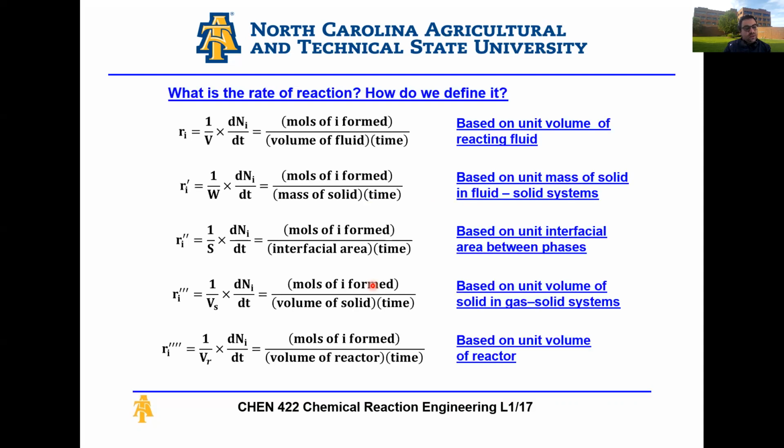Again, we started off by talking about the rate of reaction, how to define the rate of reaction, whether it's based on the unit of volume of a reacting fluid, or based off unit of mass of solid in a fluid-solid system, or interfacial area. You can see that I can write the rate of reaction in many forms, right?